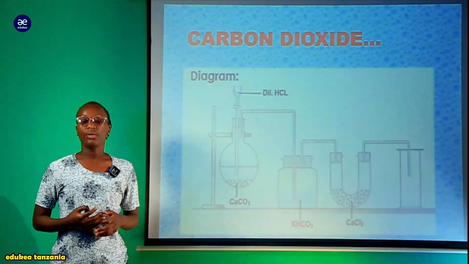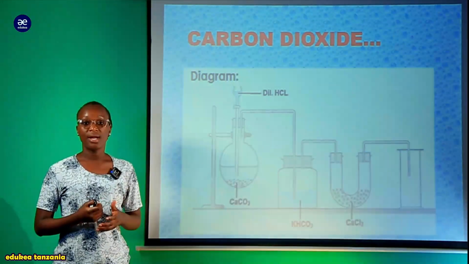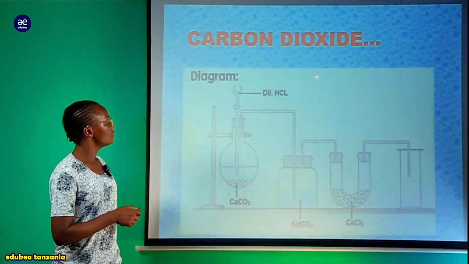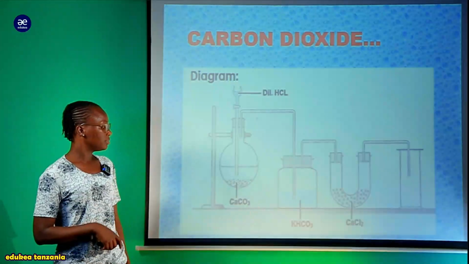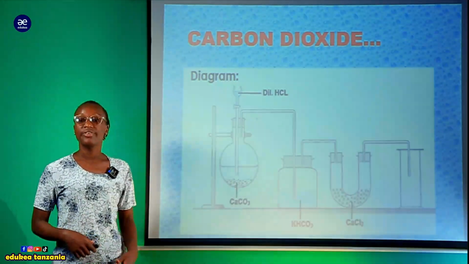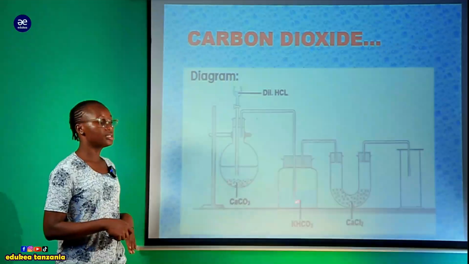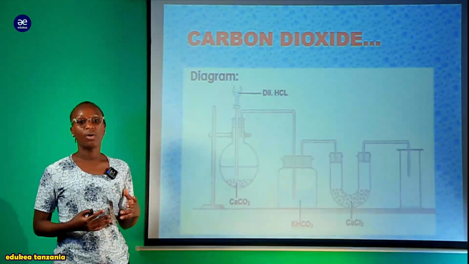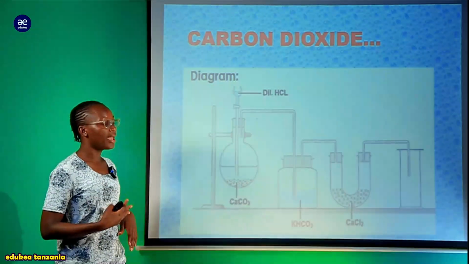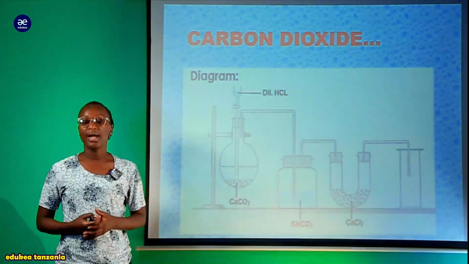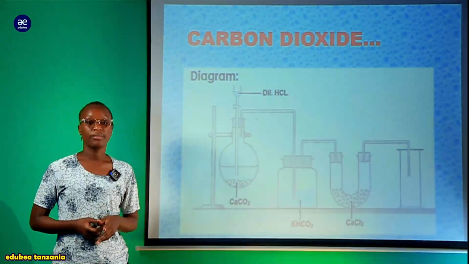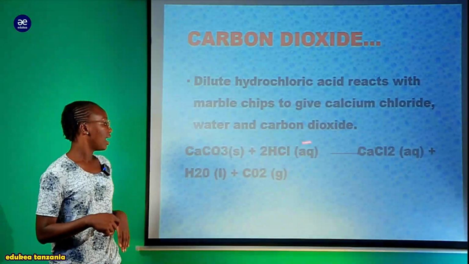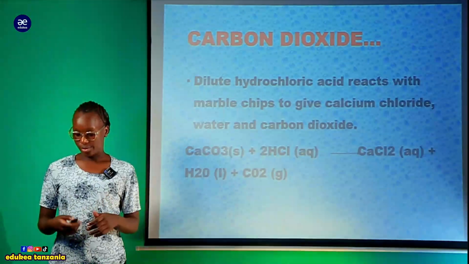You can tell your laboratory technician in your school, because this diluted hydrochloric acid and these marble chips are very easy to set up, and you can make observations and see how to prepare carbon dioxide in the laboratory by using this setup, considering those stages until you get carbon dioxide.